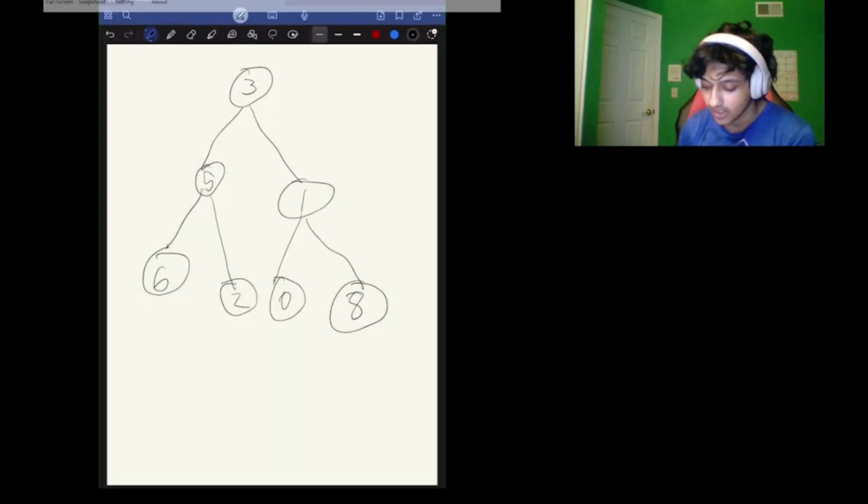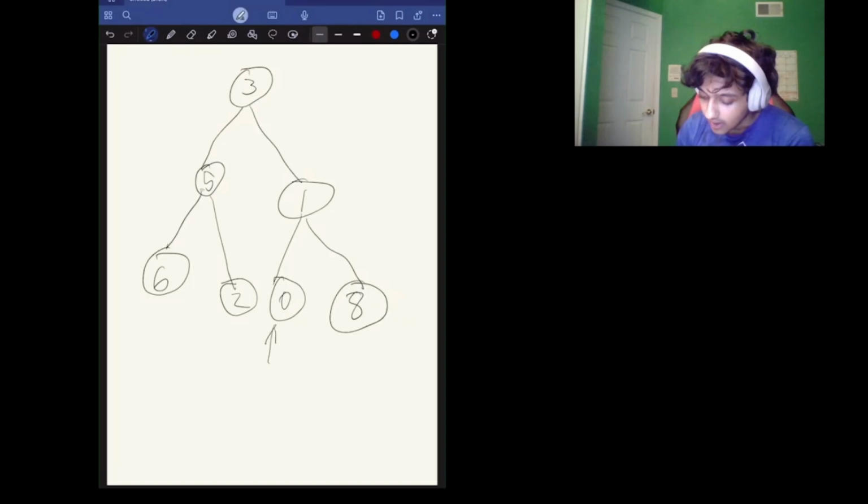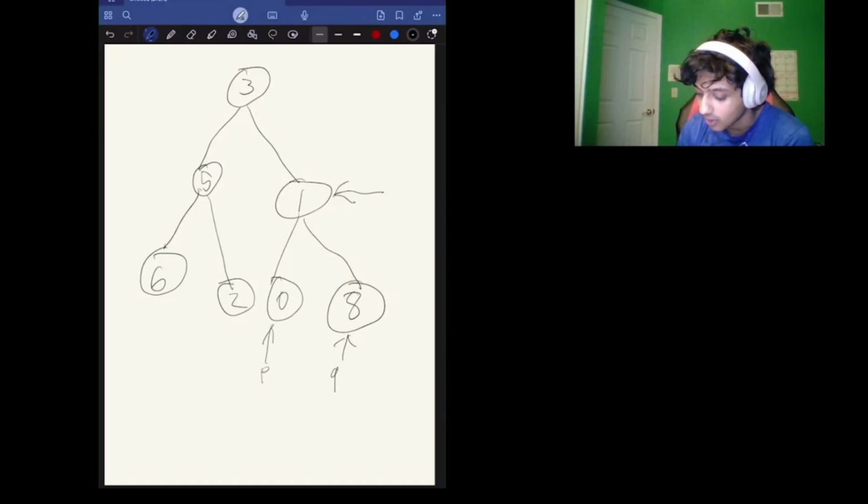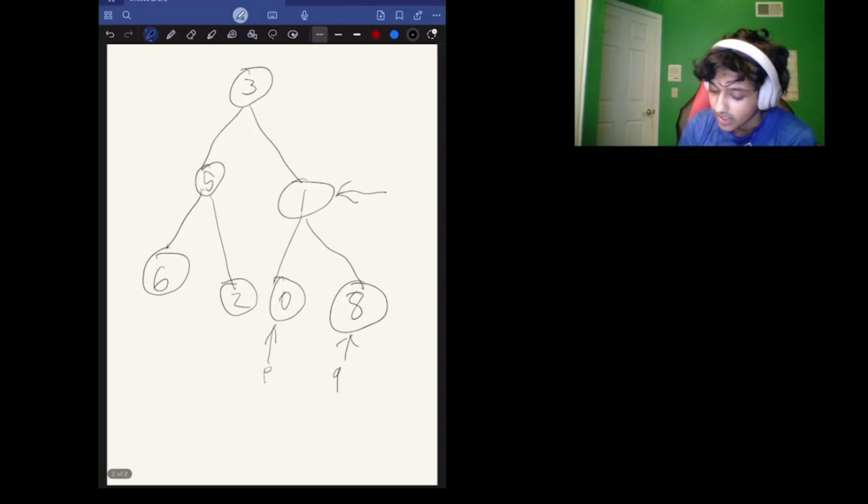So what that means is, for example, if we set this to be P and this to be Q, then their lowest common ancestor would be this 1, because P and Q both have this exact same parent. 3 is also a common ancestor, but if we're talking about the lowest one that they have, it's going to be this 1.